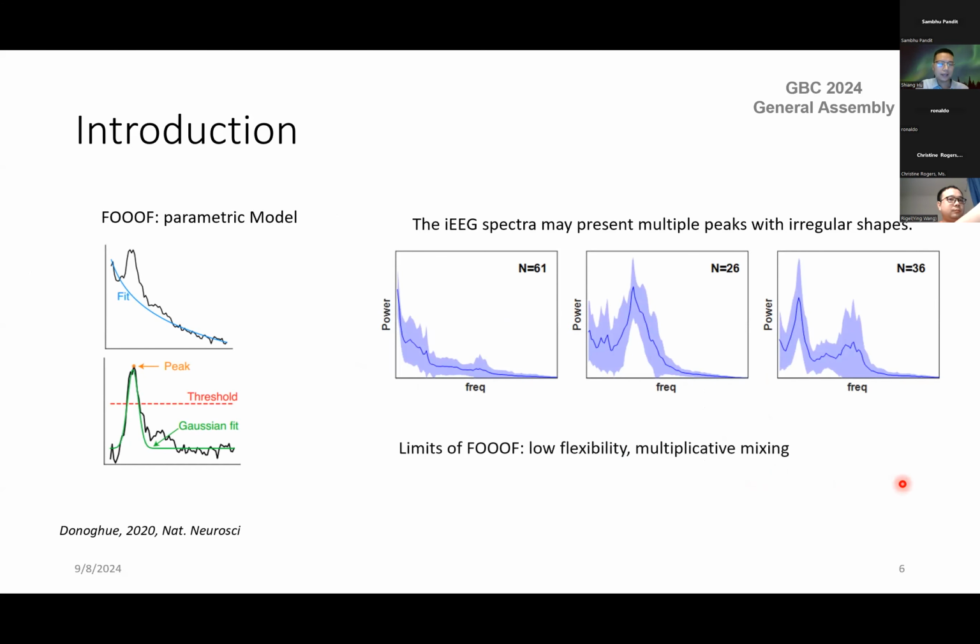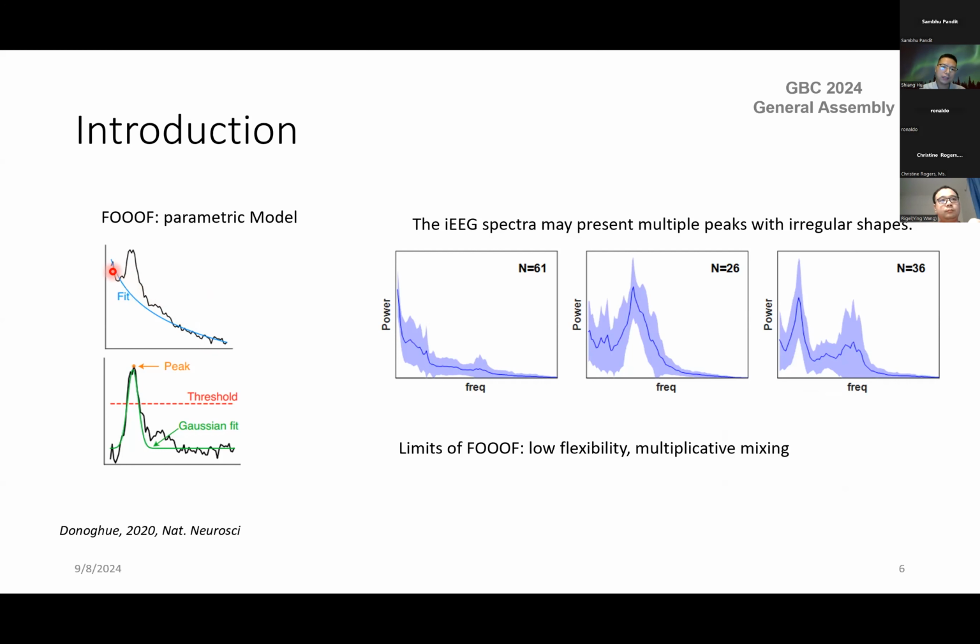But is this really right? Correct. The FOOOF model actually is a parametric model which simultaneously estimates the parameters during the fitting process, which means in the fitting process, it will fit different processes in the log scale by log transforming the spectra into different components, and at the same time will return the parameters.